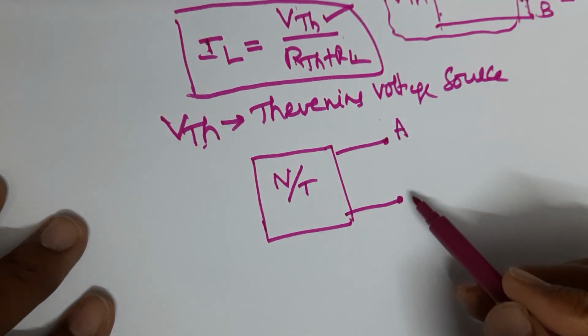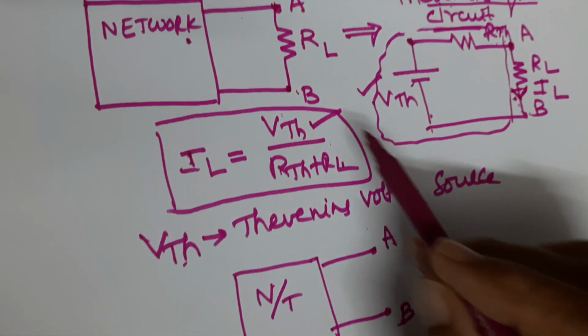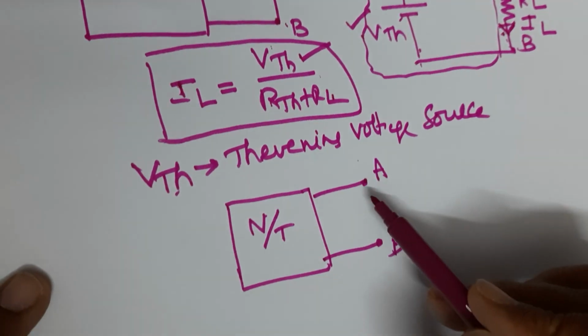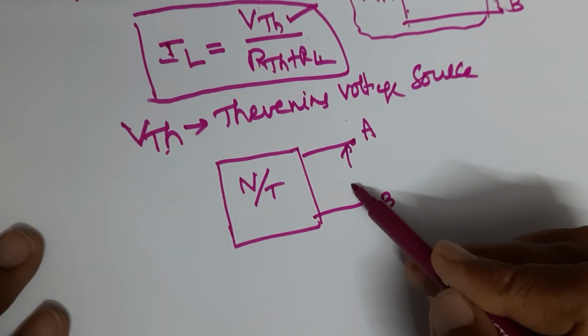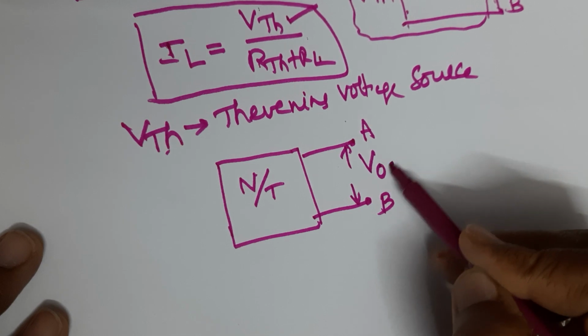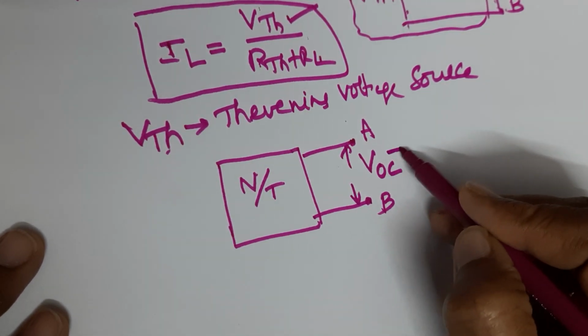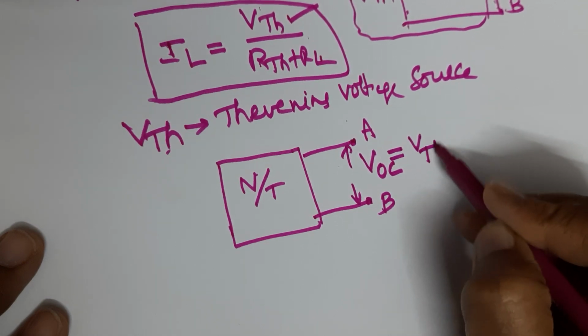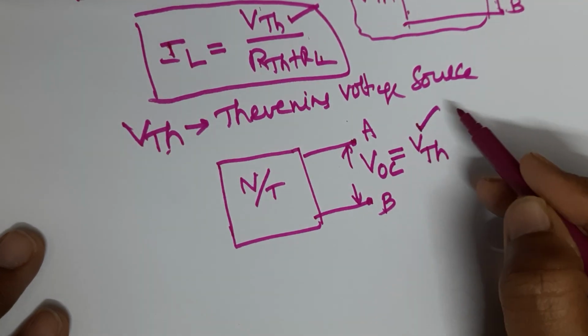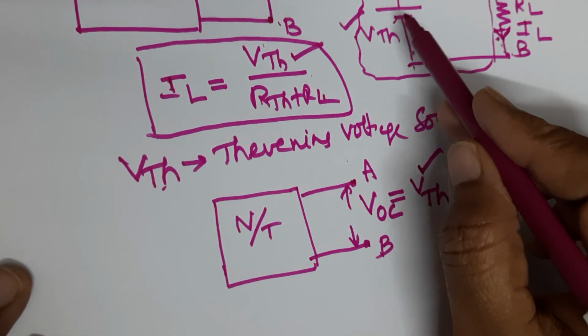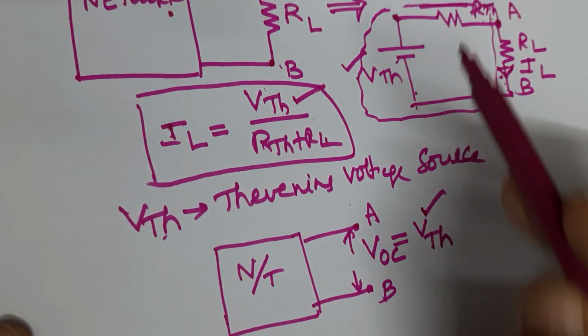Once we remove the load resistance from the given network, what will we obtain here? There will be an open circuit. Once there is an open circuit, we can measure the voltage across those two terminals. That is nothing but our Thevenin's voltage VTH in the equivalent circuit.